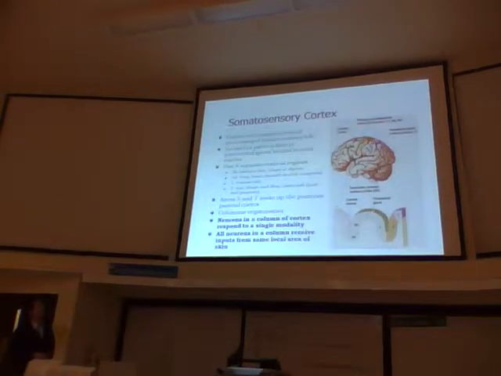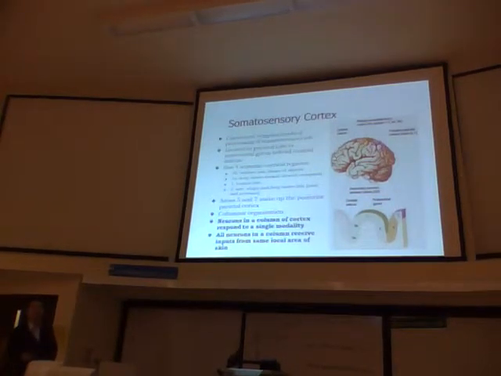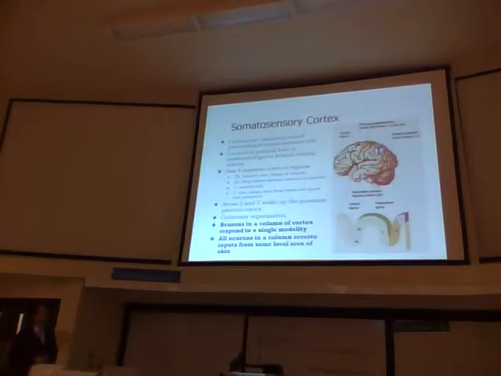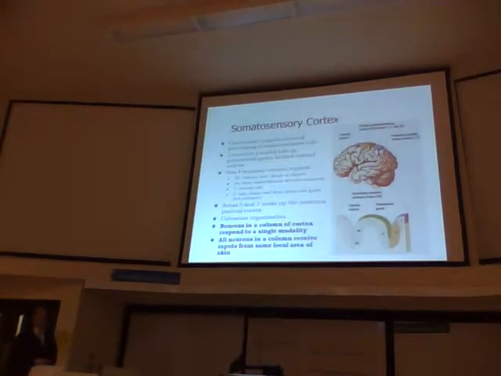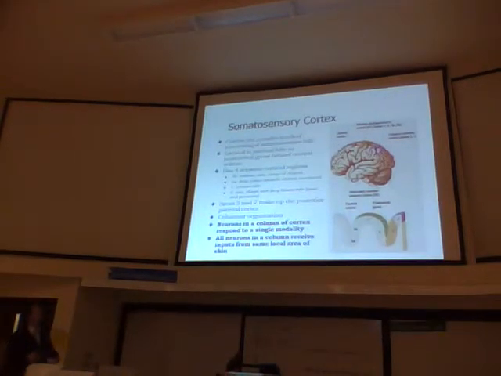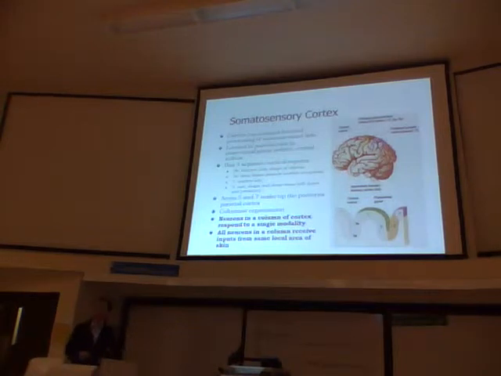Neurons in area 1 encode information strictly on texture, whether it's a smooth or rough object. And neurons in area 2 encode information on the size, shape, and also a little bit on joint and pressure information for proprioception.